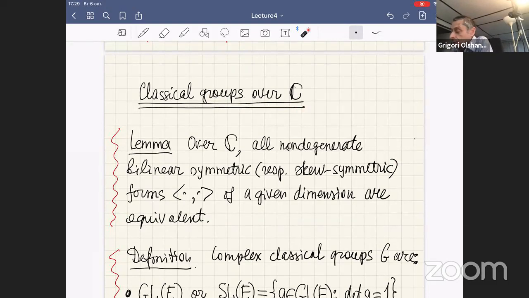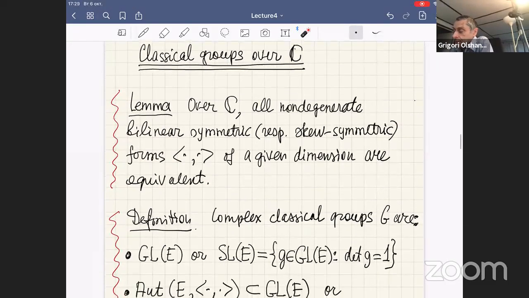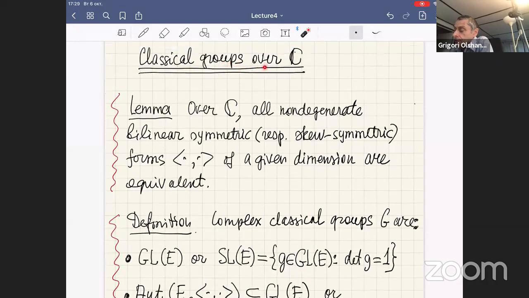So first of all, what are classical groups? The general definition of classical group holds for arbitrary fields and even division algebras, but now we are interested in complex classical groups. The key fact is the following.